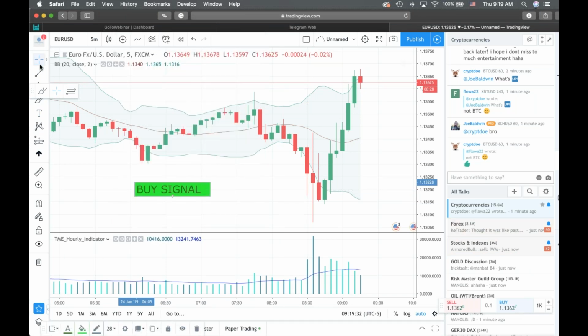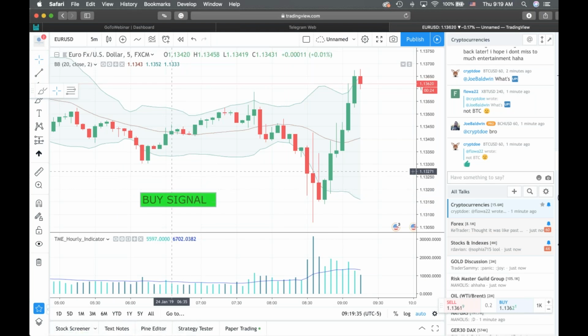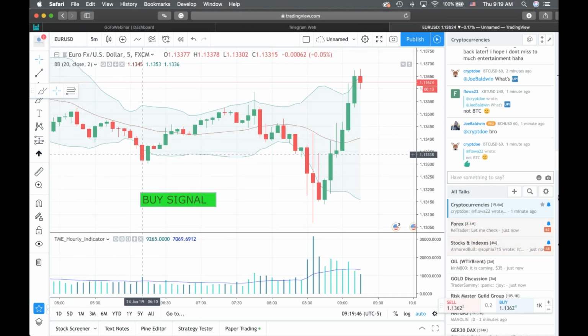In order to get a buy signal, you need basically two things. One is that the price action, which of course are the candles, will burst outside the lower band, and at the same time the volume on the oscillator, on the TME hourly indicator, will burst outside the moving average line.